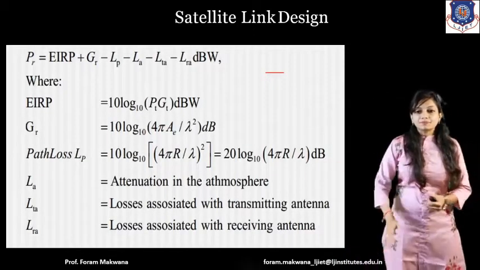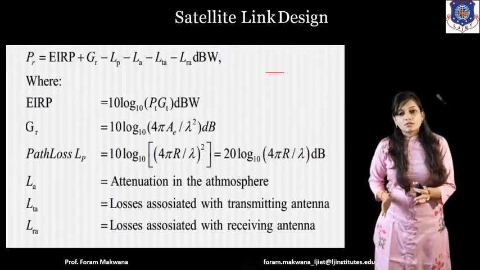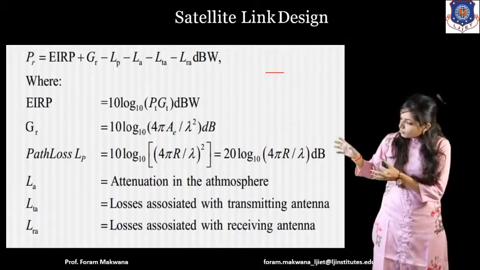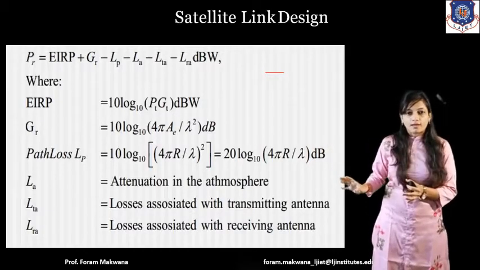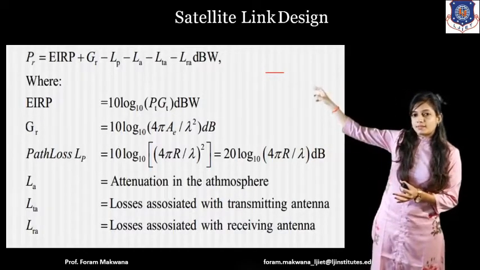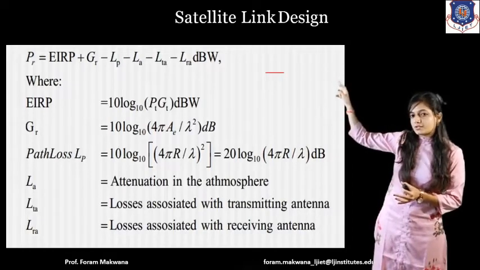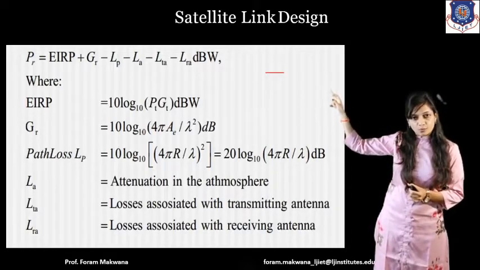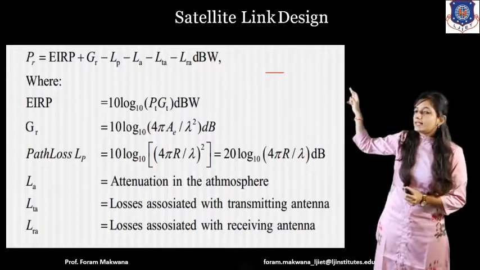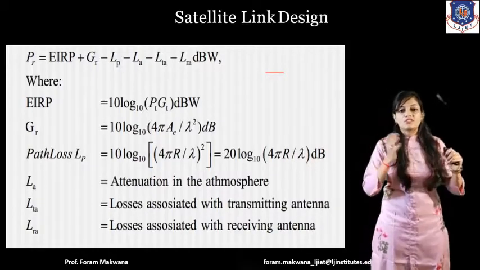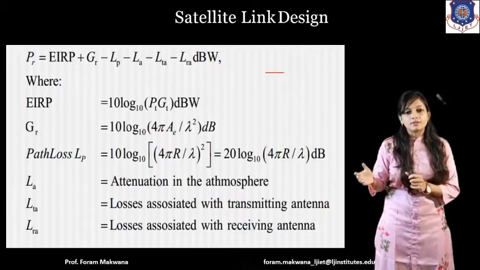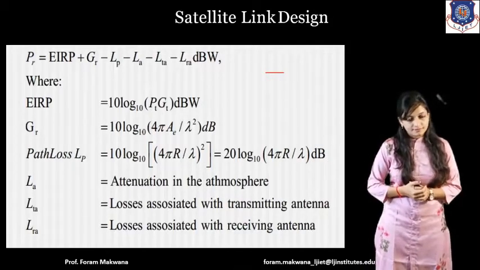Why? Because from the loss, we know how much amount of power is going to be dropped over there, right? So LP, that is path loss. LA stands for atmospheric absorption, and LTA and LRA represent the antenna misalignment for the transmitting and the receiving antenna.